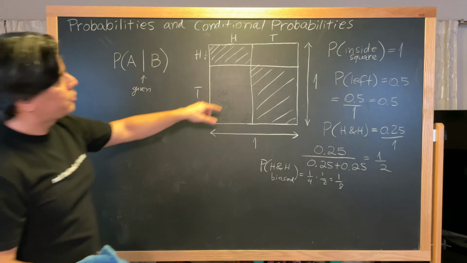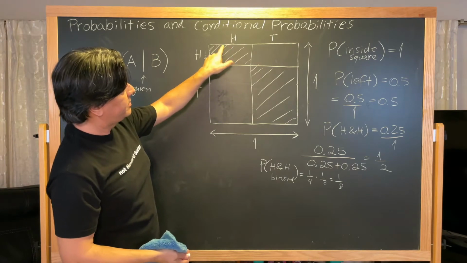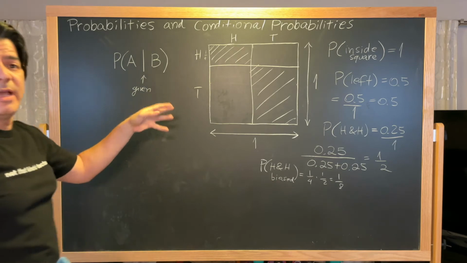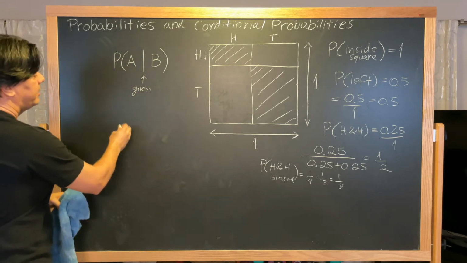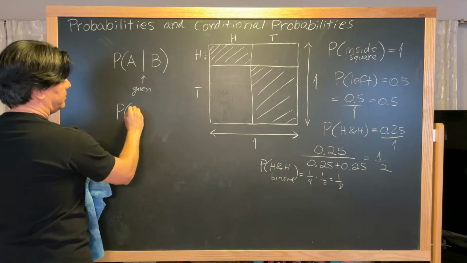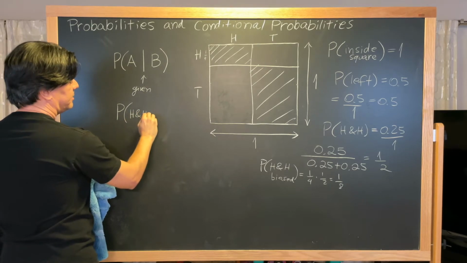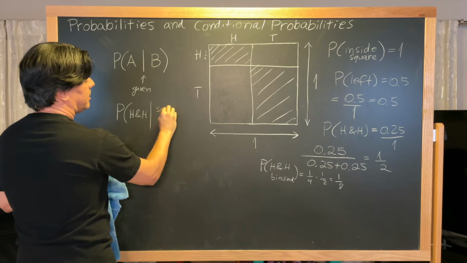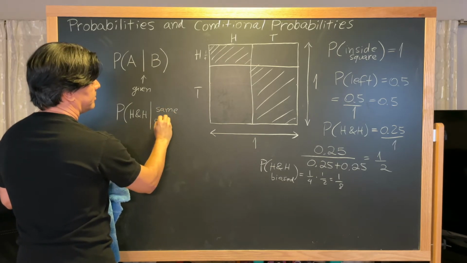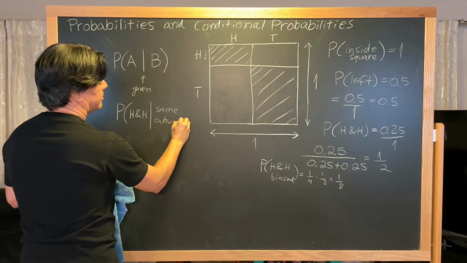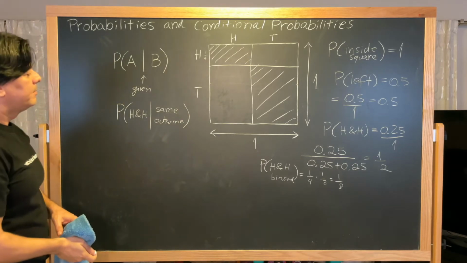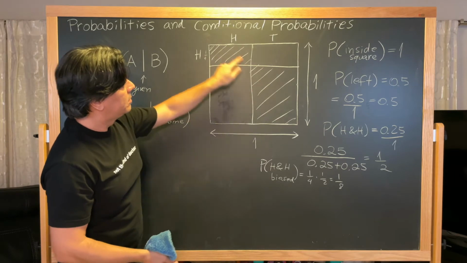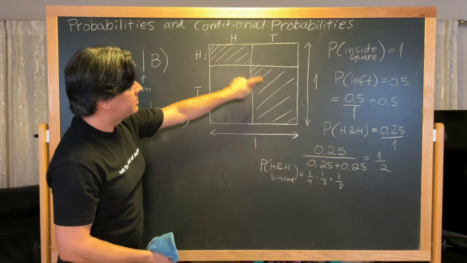So when I ask you that first question, what is the chance it's 2 heads, given it's the same outcome, either heads, heads, or heads, tails. I could have written that as, what is the chance of heads and heads, given the same outcome. Right? And the idea is, well, I first figure out the size of this same outcome.